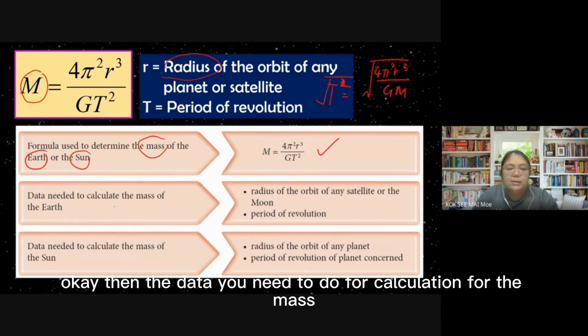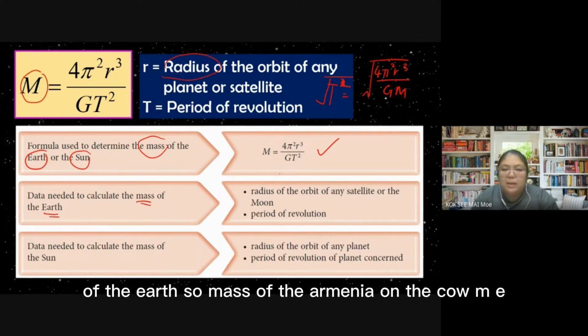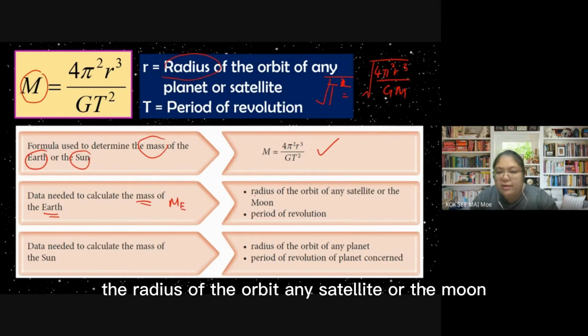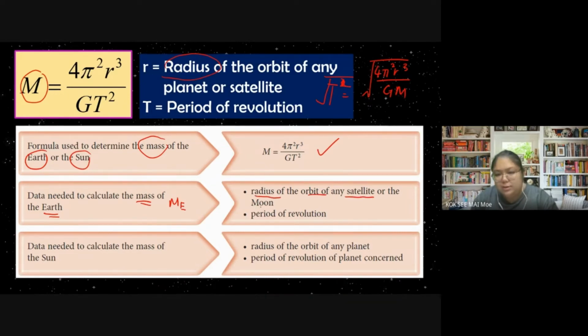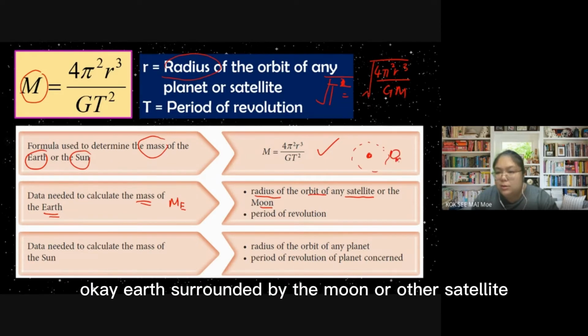Okay, then the data you need for the calculation of the mass of the Earth. Mass of the Earth means you want to find ME. So you need to know the radius of the orbit of any satellite or the moon, because the Earth is surrounded by the moon or other satellites.